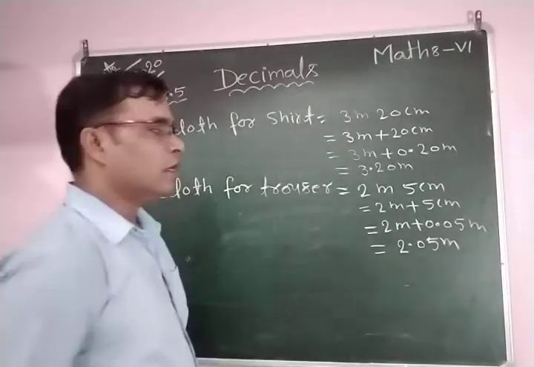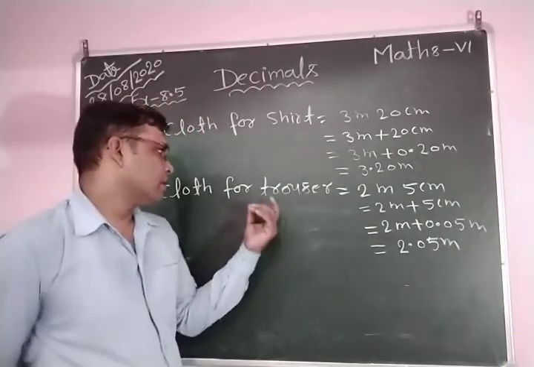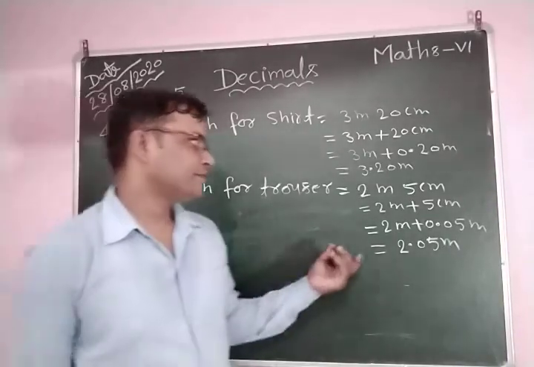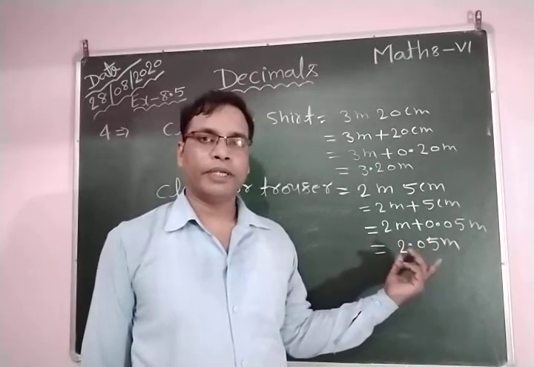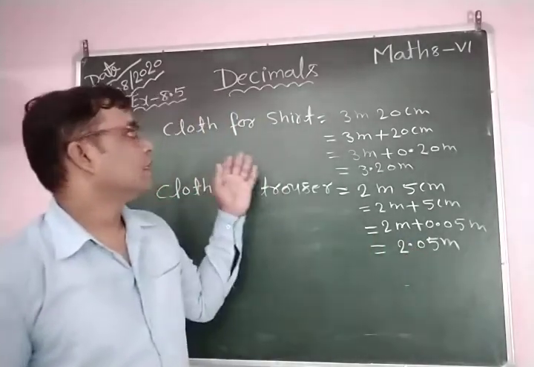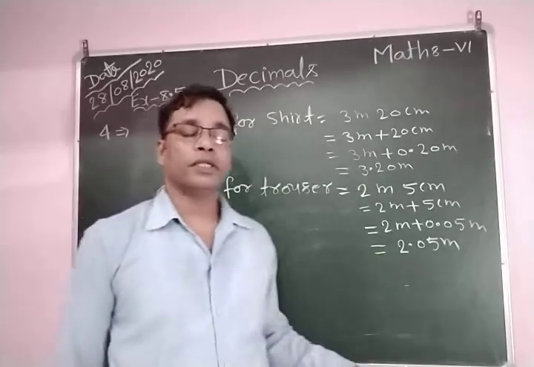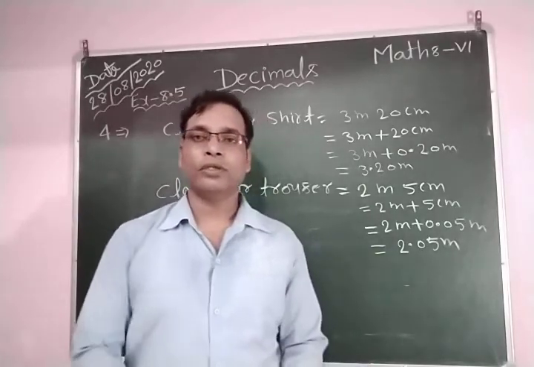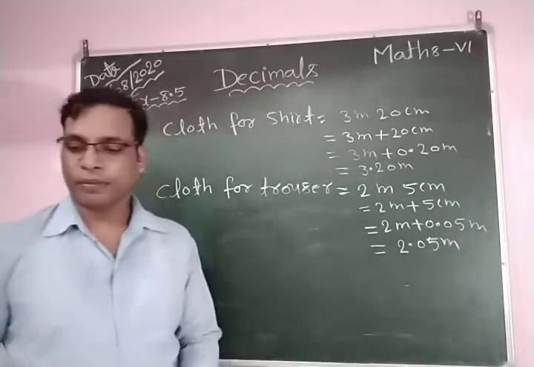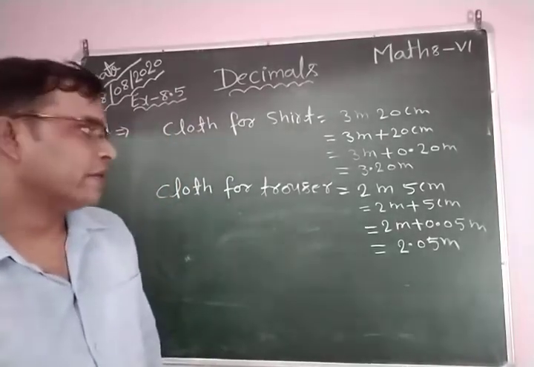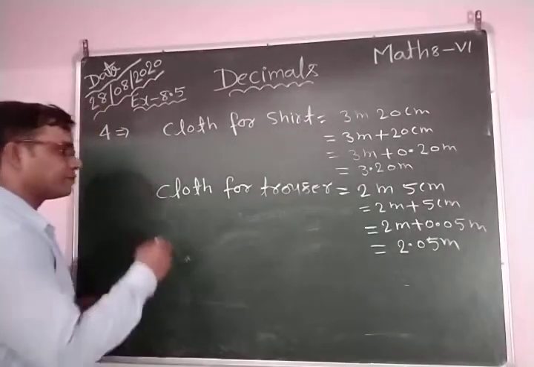In this way you can see the cloth of the trouser is 2.05 meters, and the cloth of the shirt is equal to 3.20 meters. So we need to find here the total length of cloth.